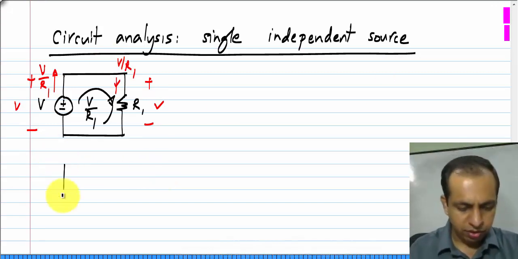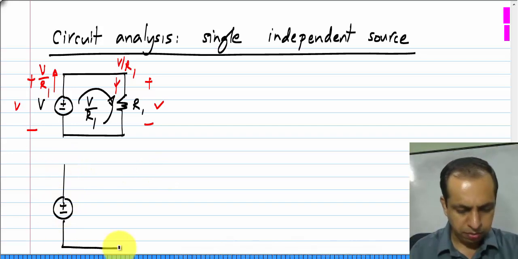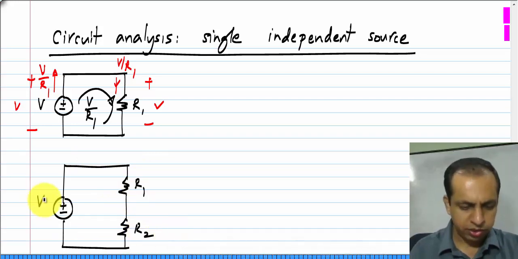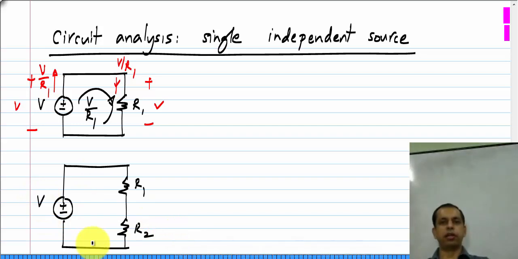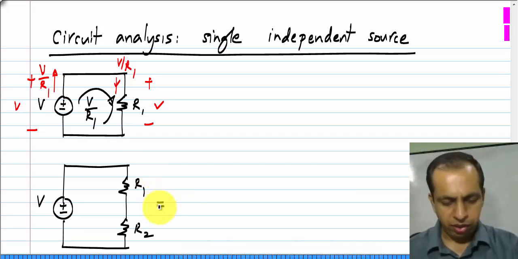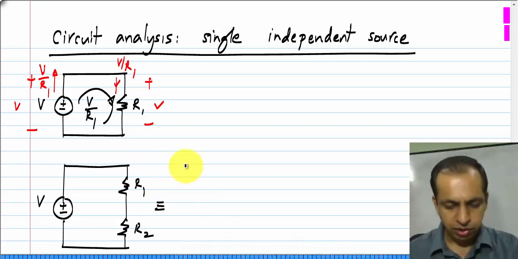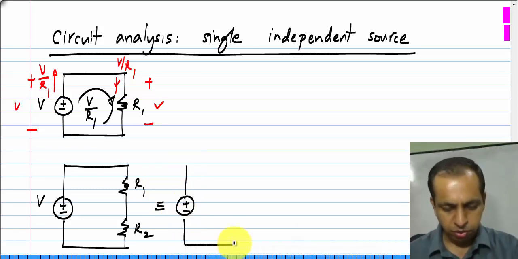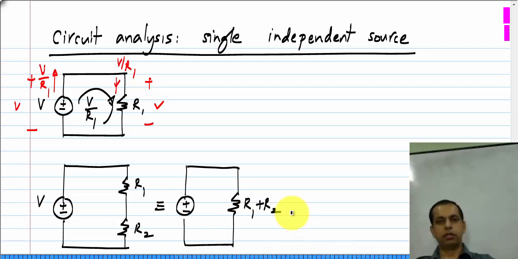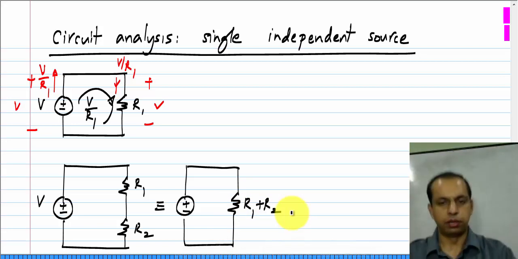Now, let us say we had something like this. We have a voltage V connected to a series combination of resistors R1 and R2. And again, by reducing the series combination of resistors into a single resistor, you know that this is the same as a single resistor R1 plus R2.